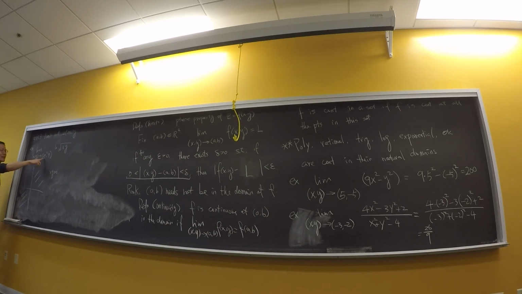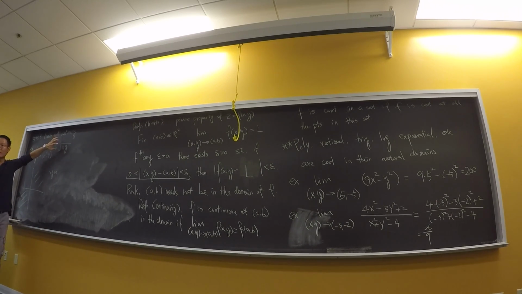You can check whether this point is in the domain or not by simply observing positive, positive. So this point has to be in the domain. An easier way of doing this is just plug in here and see whether this is well defined or not. Right? That will be a much easier way to check. You can plug in (e^2, 9), everything is positive, so the whole thing is well defined, so it has to be in the domain.